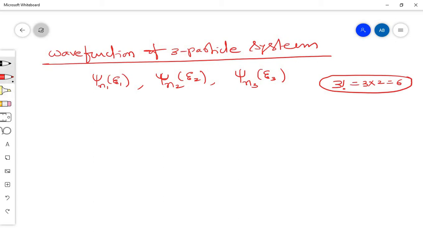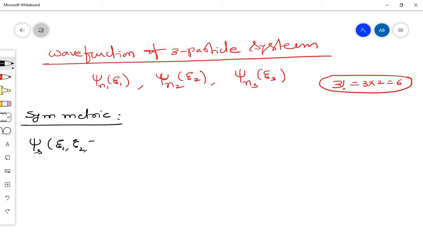First we will construct the symmetric wave function. The symmetric wave function for three particle system will be like this. This is the symmetric wave function of three particles 1, 2 and 3.